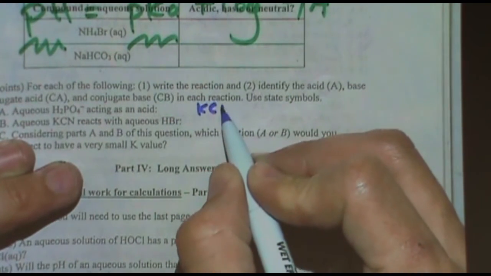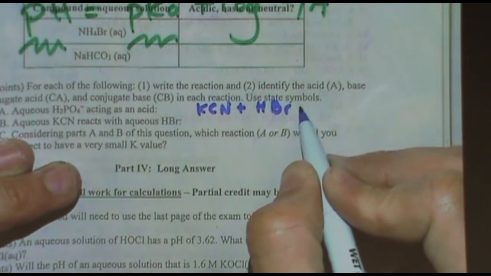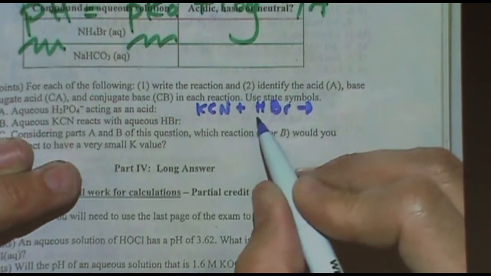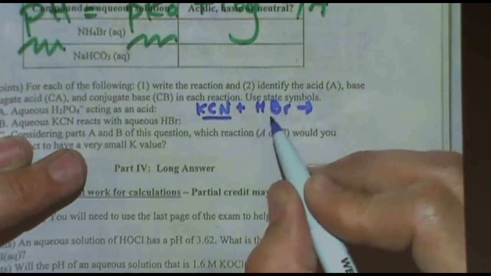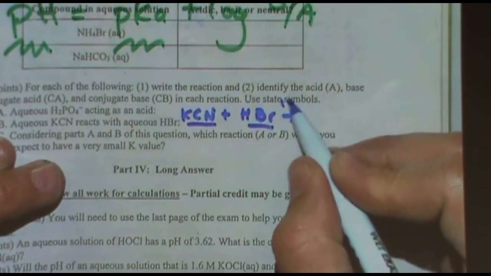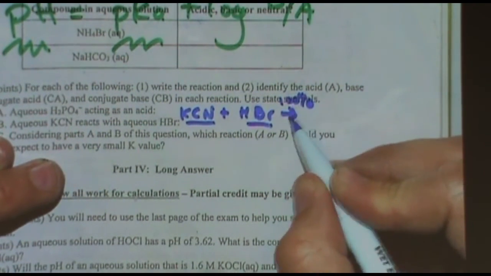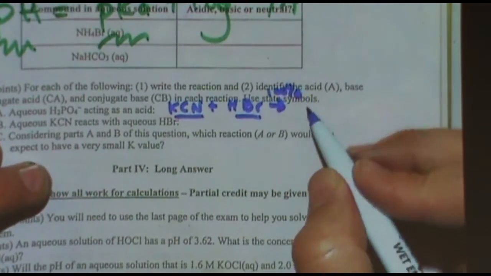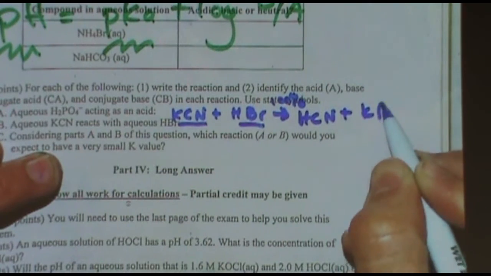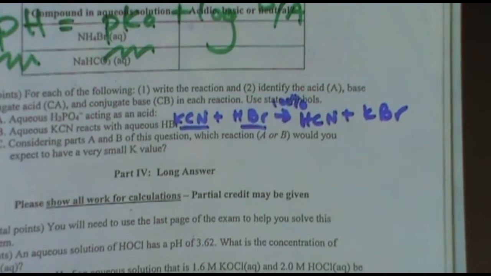You could have just gone like this. It's kind of like a double replacement, but this is the base and that's the strong acid. Because you have a strong acid, it's going to go forward 100%. You wouldn't have to write that number, but you probably want a single-headed arrow there. And you'll get HCN and KBr. That's one way you could have written it. If you got rid of the spectator ions, I would also accept that.